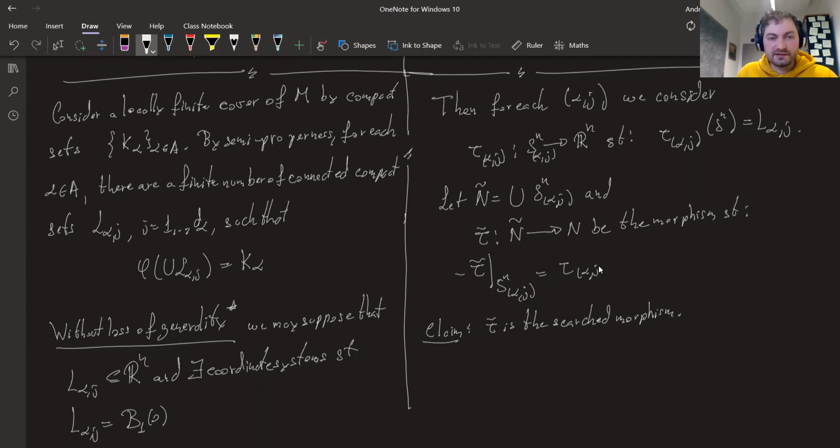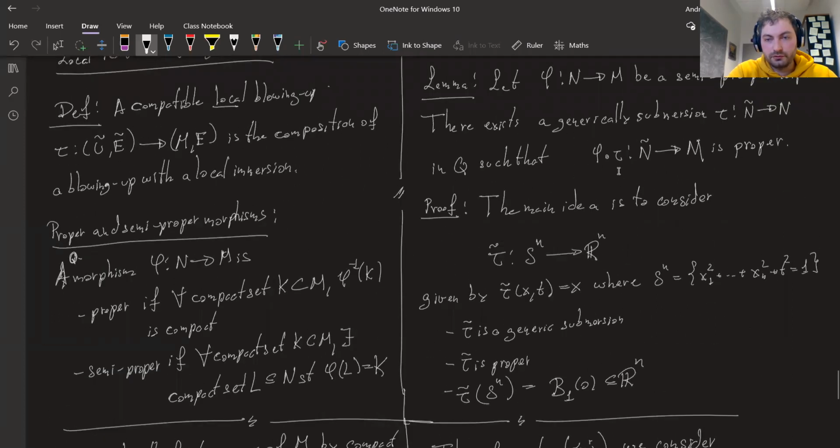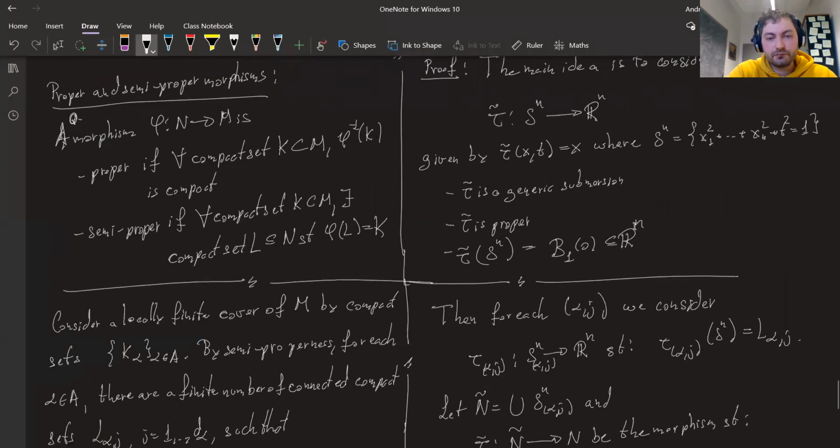Since these are compact, and the preimage of a compact set is closed, it's also going to be compact. So this shows that the composition of phi with theta tilde is going to be proper, which is what we wanted to show, which was our goal here.